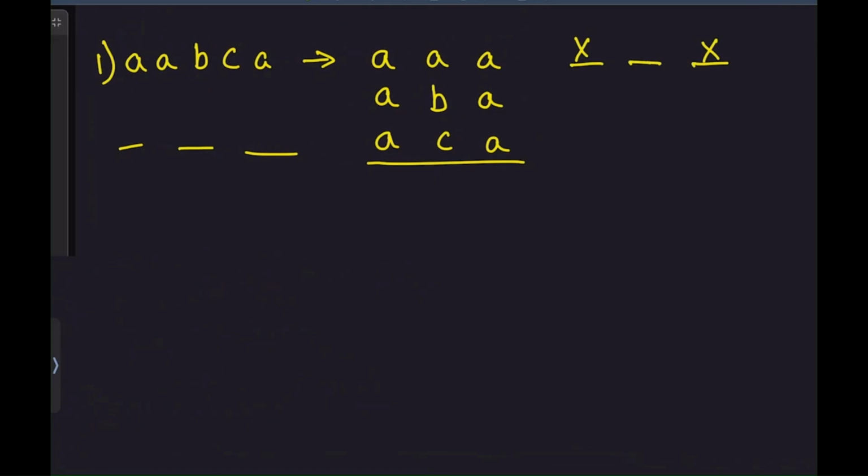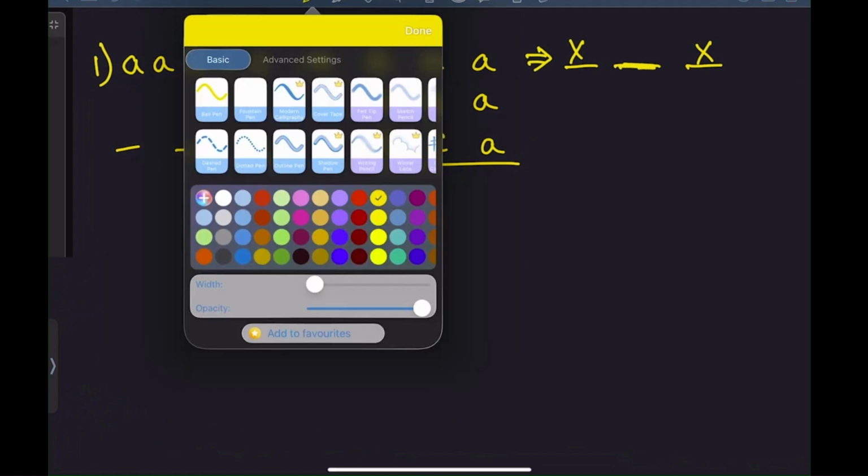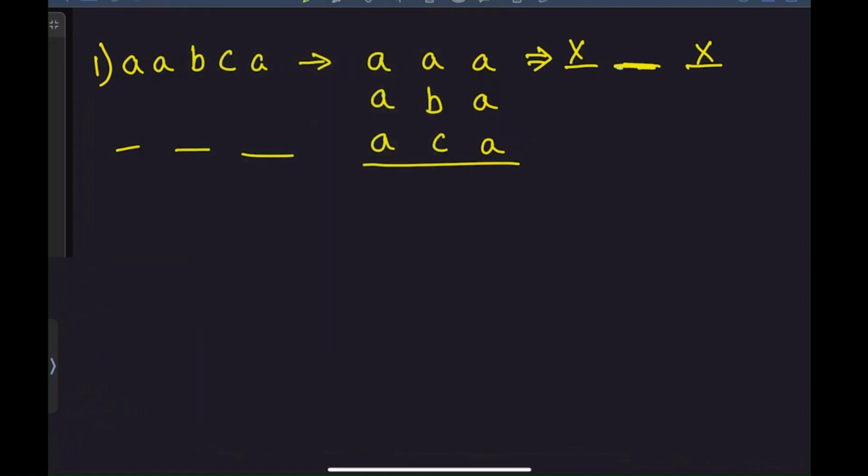And by that, if we extend it a little bit, this is the condition we are going to satisfy here. Now, what is the character that we can fill in the middle one?